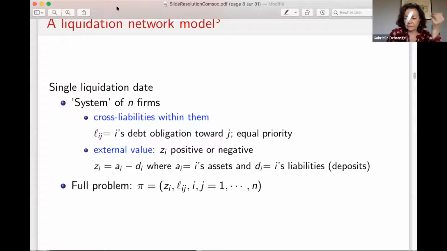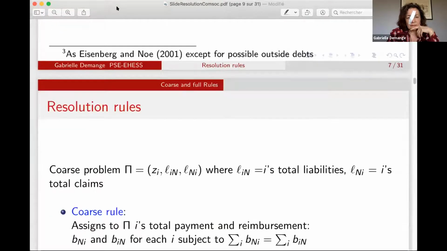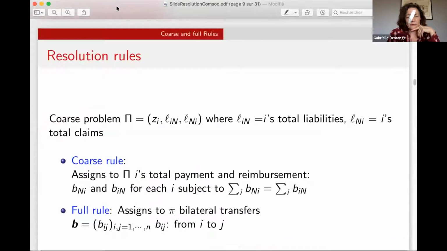So it's relatively simple. And for considering resolution rules, I also consider the case where the regulator does not know the full bilateral liabilities, the full matrix, because it sometimes has limited information on them.